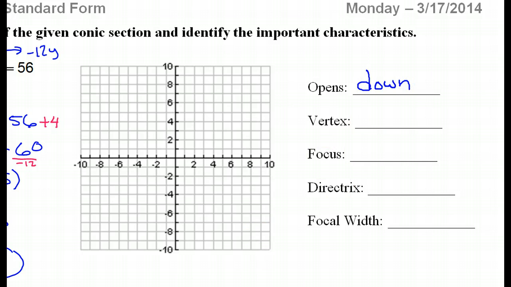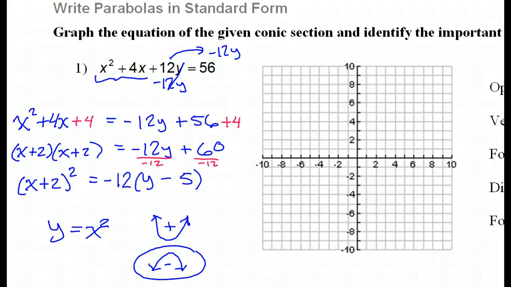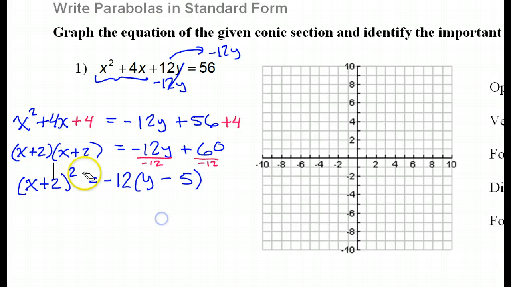Okay, now let's talk vertex. Alright, standard form is great when it comes to the vertex because it's just going to be the opposite of this one, comma, that one. Alright, I mean it's the opposite of both of these. So negative 2, comma, positive 5.